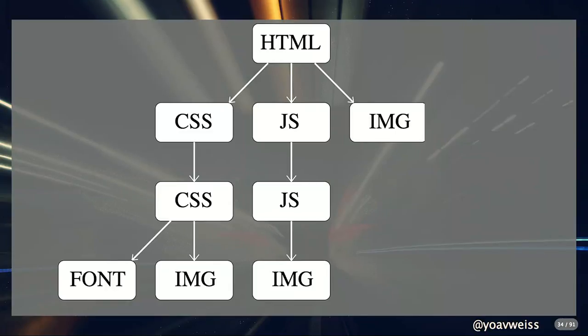So for example, background images are notorious for being discovered late because the browser has to wait until all the styles are downloaded in order to calculate the overall style and figure out which background images are needed. And fonts are even more complex than that because the browser has to download all the styles as well as enough DOM to find where these fonts are actually used. And if they're not used, they're not really downloaded.